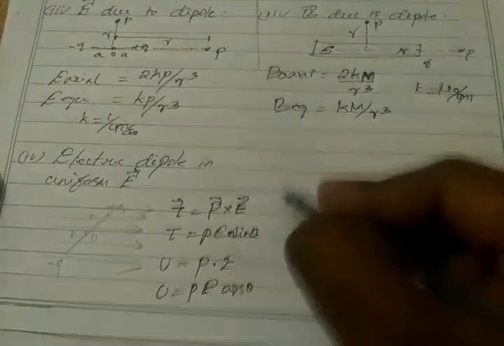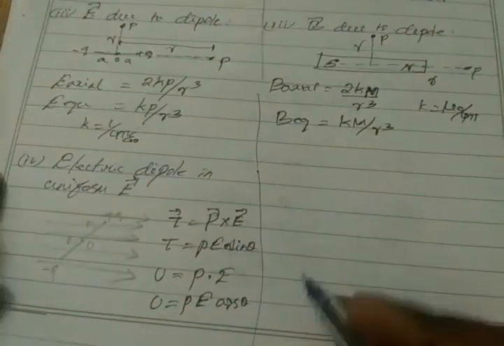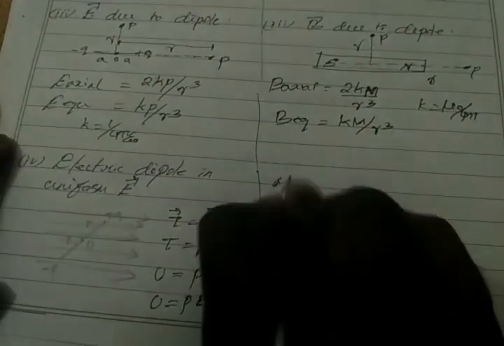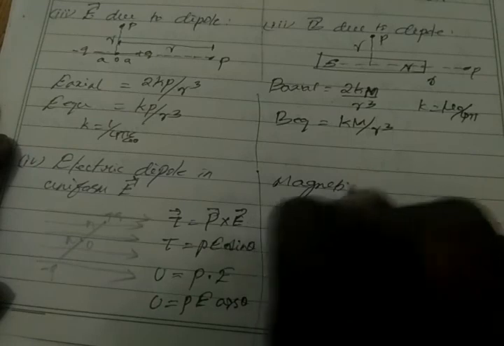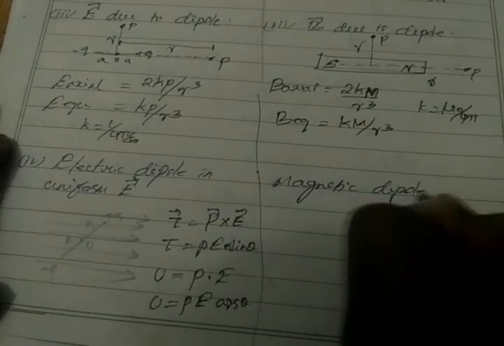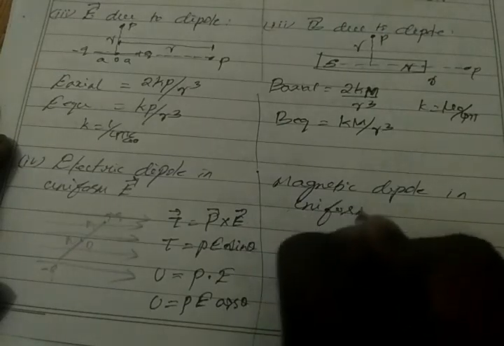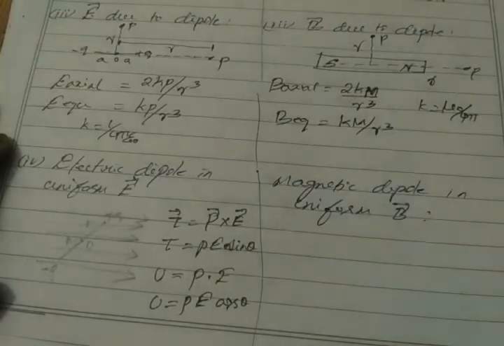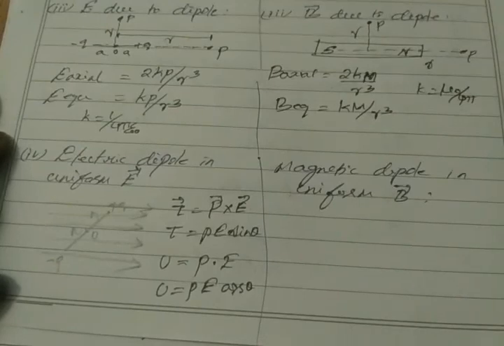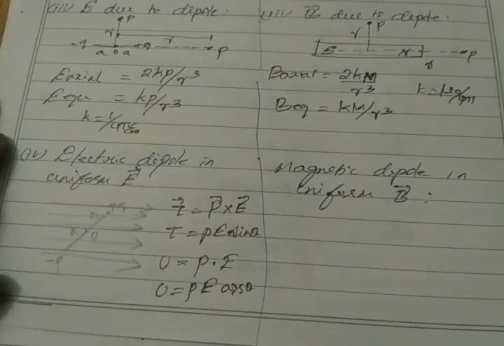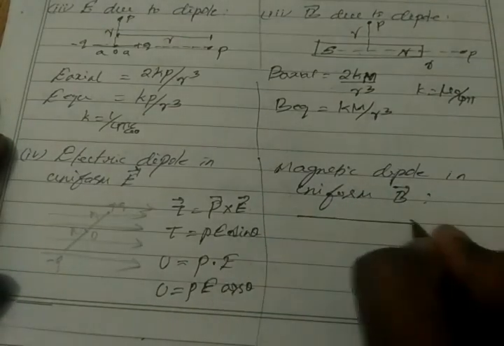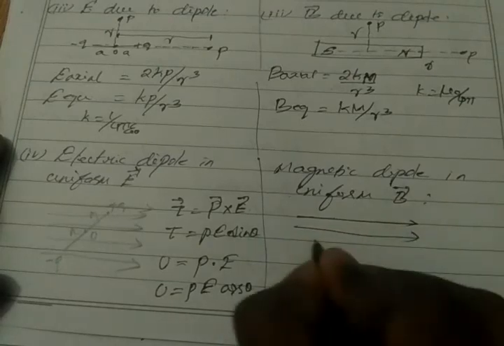Similarly, a magnetic dipole in uniform magnetic field. So here we have a magnetic dipole. Consider a uniform magnetic field.